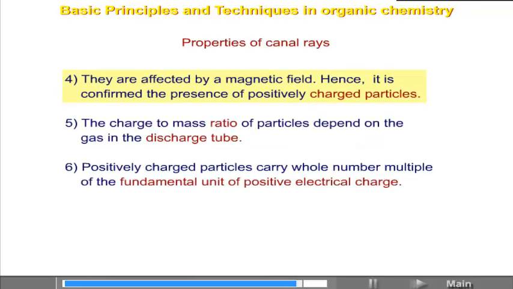Fourth, they are affected by a magnetic field. Hence, it is confirmed the presence of positively charged particles. The charge to mass ratio of particles depends on the gas in the discharge tube. And lastly, positively charged particles carry whole number multiple of the fundamental unit of positive electrical charge.